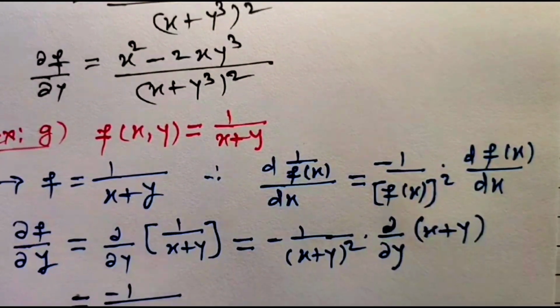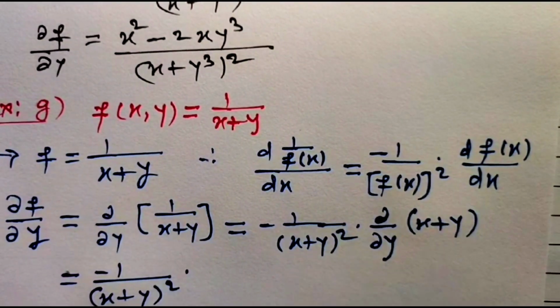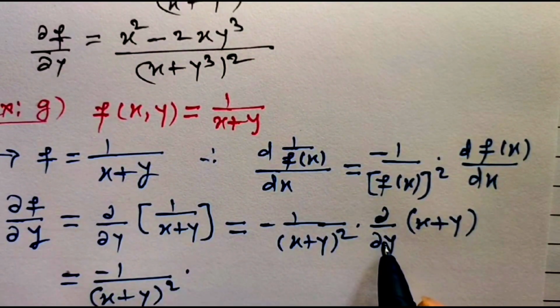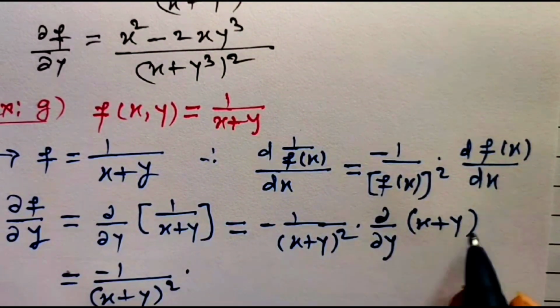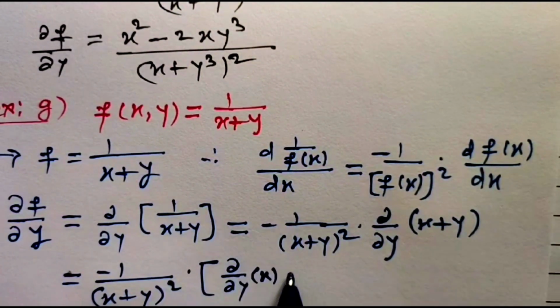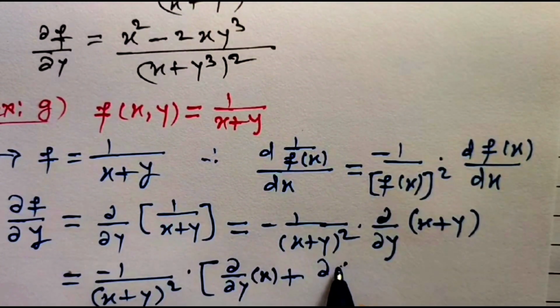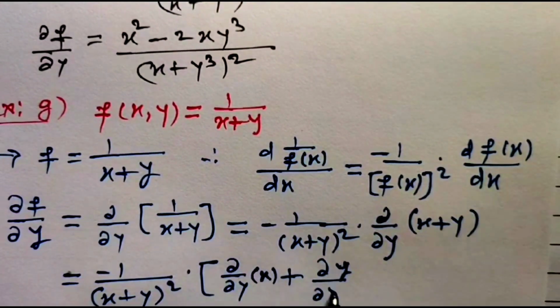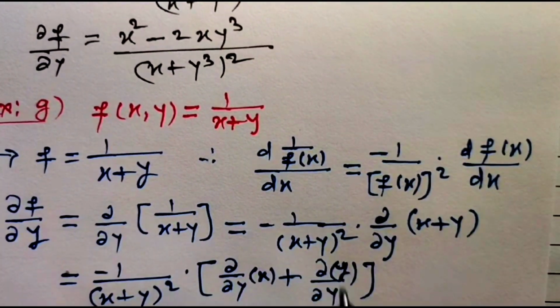So this is equal to minus 1 upon (x plus y) its square into, now you can take this partial differential operator inside this bracket, the partial derivative with respect to y of x plus the partial derivative of y with respect to y.